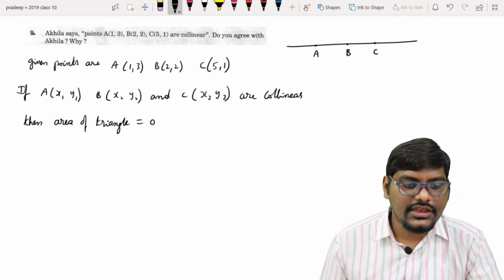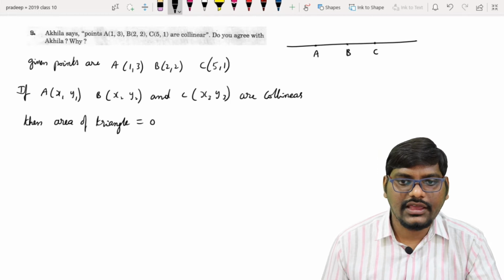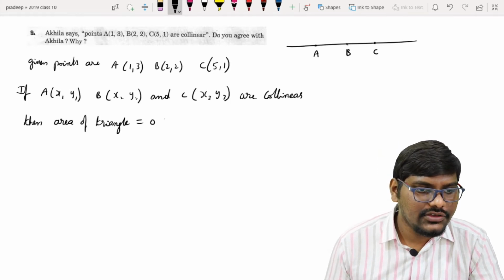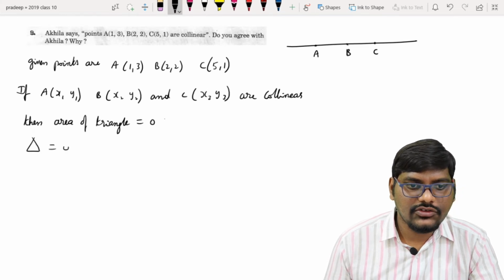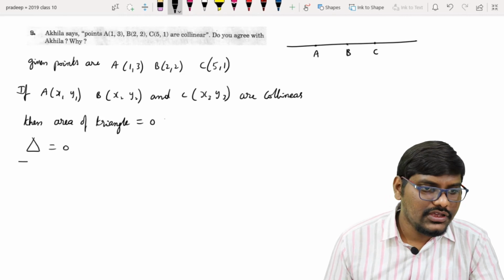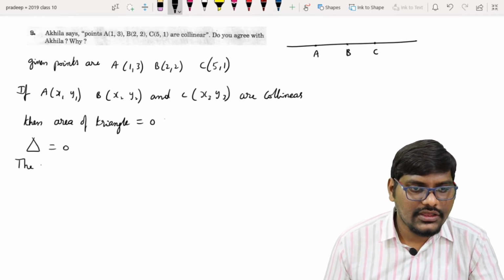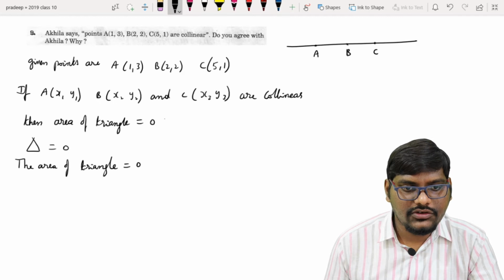For the area of a triangle we have the formula when there are 3 coordinates for the triangle. So the area, delta, equal to 0 is the condition which is given here. So the area of triangle is equal to 0.